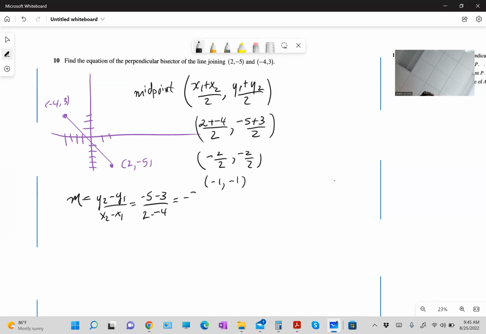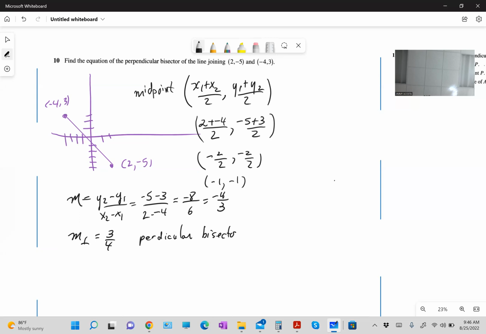That's -8 over 6, so the slope of that line segment is -4/3. So the slope perpendicular to that must be 3/4.